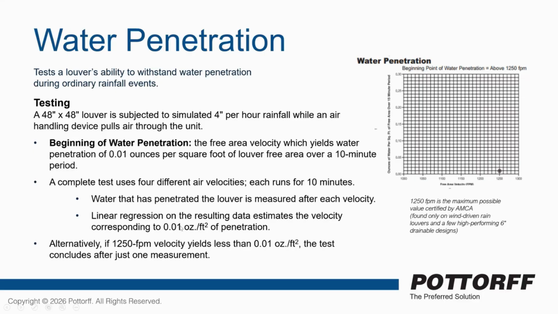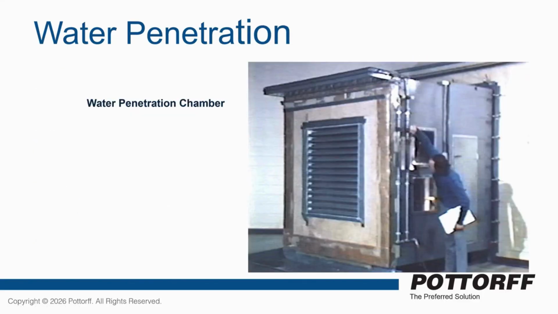What they'll literally do is walk into the chamber after the test is done, after pulling a certain speed, wipe any water up, and measure a paper towel. If it weighs more than the dry weight, they say, hey, you have some water in now. This is the beginning point.